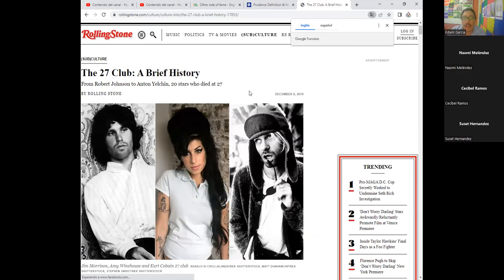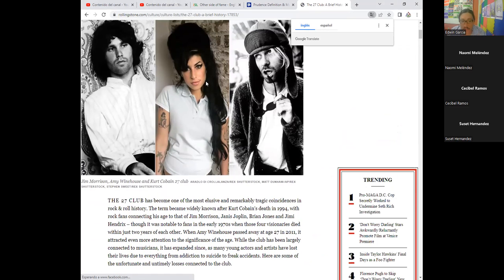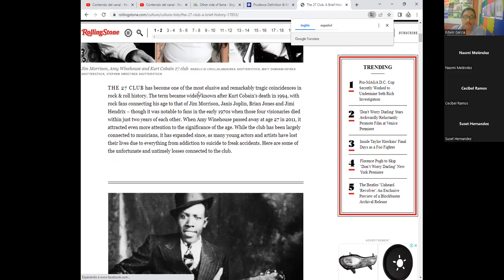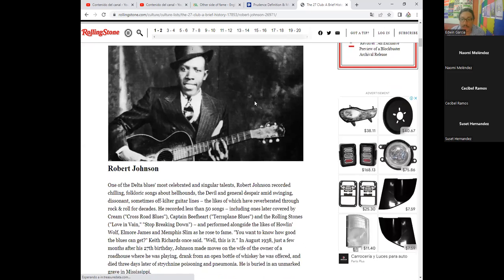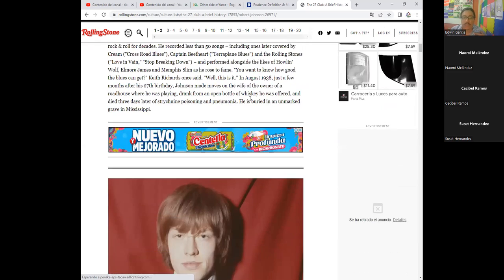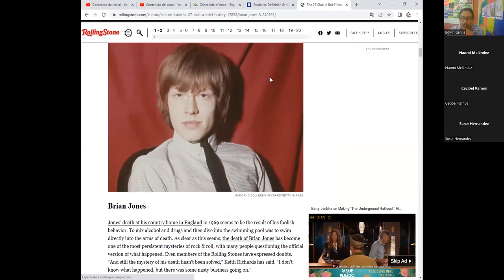They were so famous, and for some reason maybe they committed suicide, or maybe it was drug consumption, alcohol, and other things that made these people be in this club. It's something interesting. Maybe we don't know.